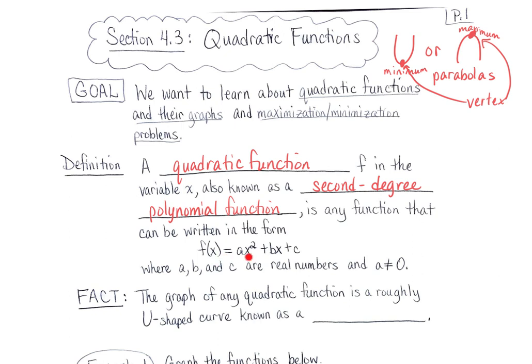So a quadratic function can be written in this form, f of x equals ax squared plus bx plus c, where again a, b, and c are real numbers and a is not equal to 0. Okay? A fact: the graph of any quadratic function is a roughly U-shaped curve known as a parabola.